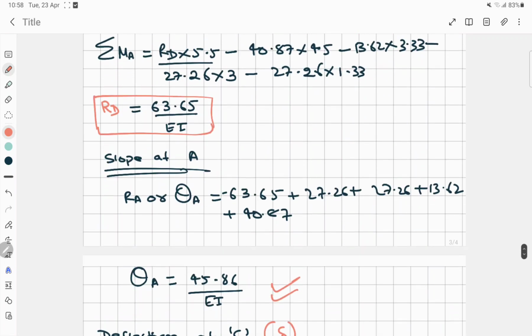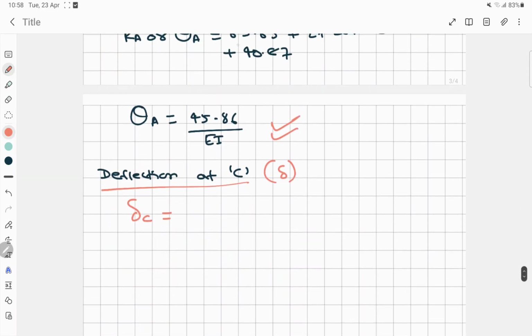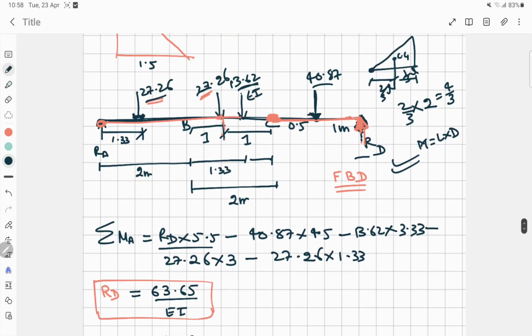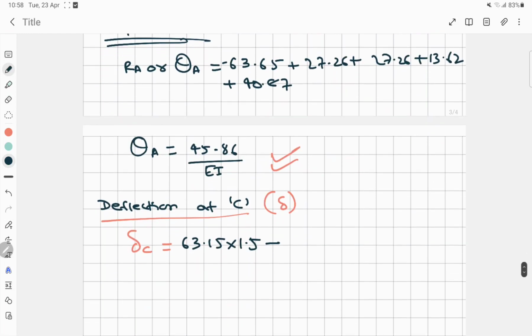So that is 63.65 into 1.5, minus, again, one more load, that is 40.87, and this load covers a distance of 0.5 to reach this point.